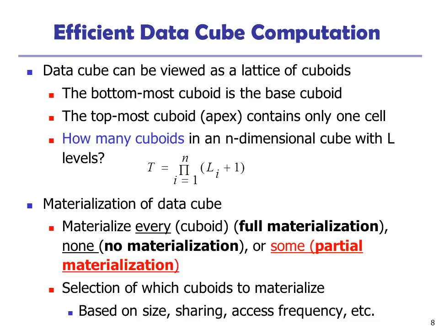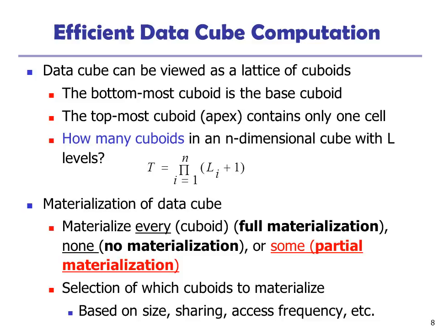And you have something in between called partial materialization, where you're only going to materialize certain cuboids which are of more interest to you depending on your data mining task at hand. Or you can say the cuboids which are being accessed more often can be partially materialized, and those which are not can be left out. So there are three types of materializations which are possible.